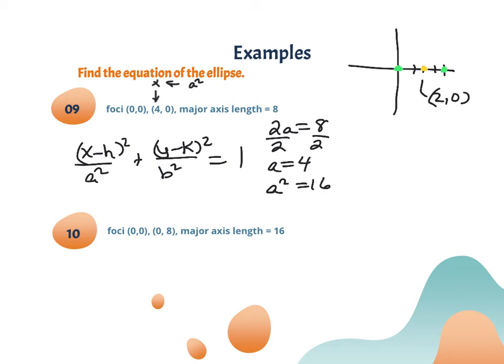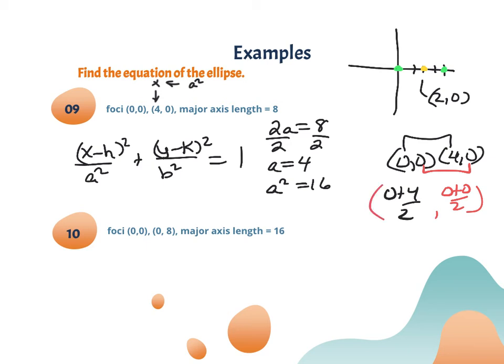You could have also taken the 2 focus points and done the midpoint formula: add the x's, divide by 2, add the y's, divide by 2, and the center point is 2, 0.